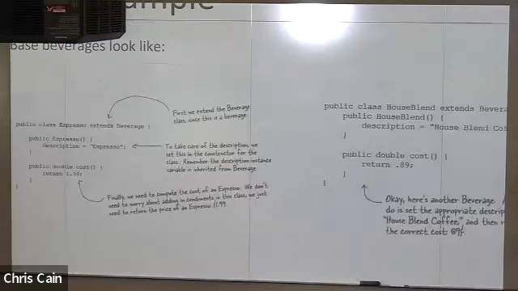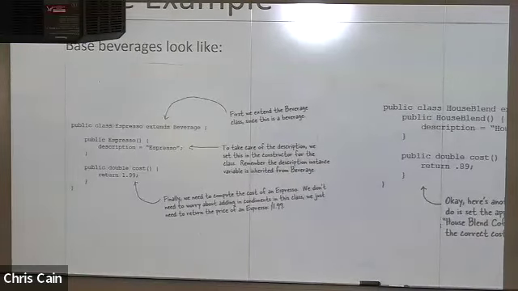Let's just zoom in on that for a second. So it has a constructor because we can actually make an espresso. Note that we could not make a beverage. Why not? Why wouldn't it make sense to have a constructor in the abstract superclass beverage?